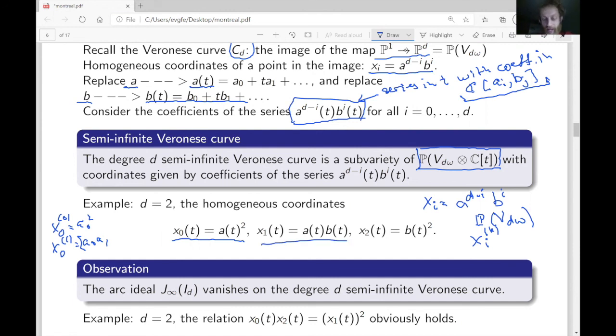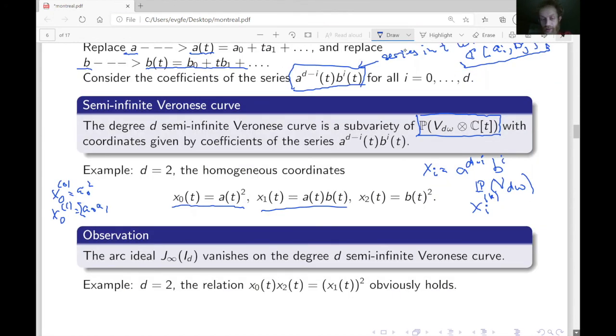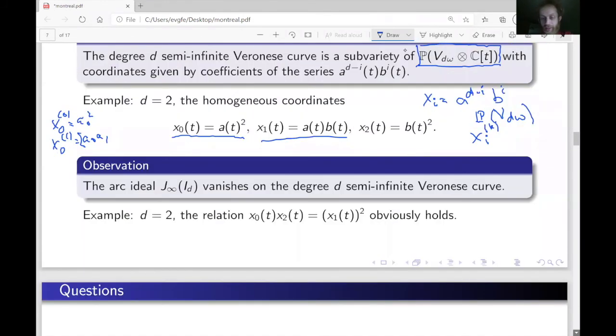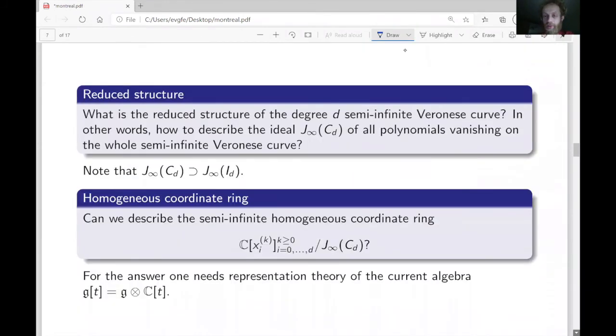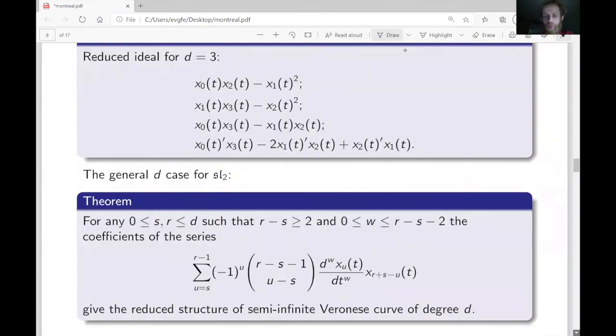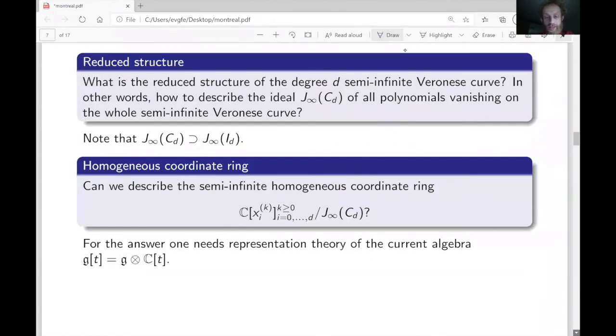If you expand, you also get an infinite number of coefficients, and similarly with x2 of t. So this is our object, and what are the questions we want to ask?